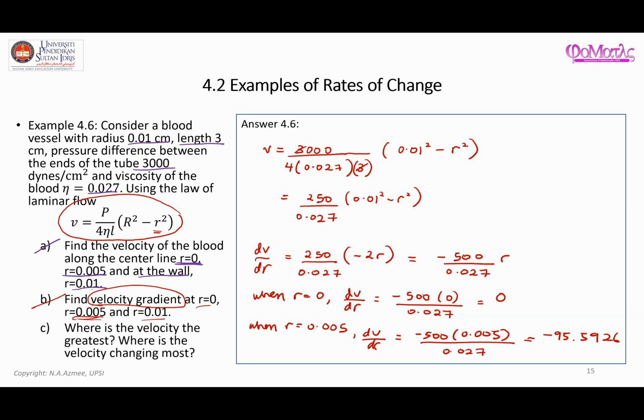And when r is 0.01, dv dr is just negative 500 over 0.027 times 0.01, and the answer here is negative 185.1852.